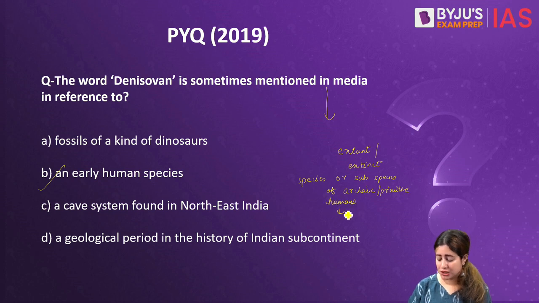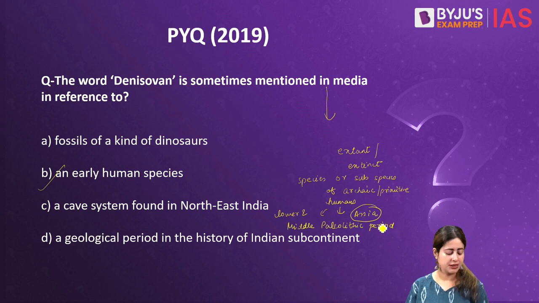That ranged in habitation from Asian region. So they were spanning across the Asian territory. Let's also remember that these are typically associated with the lower and middle Paleolithic period in the ancient history of India. So therefore, B here becomes the valid answer.